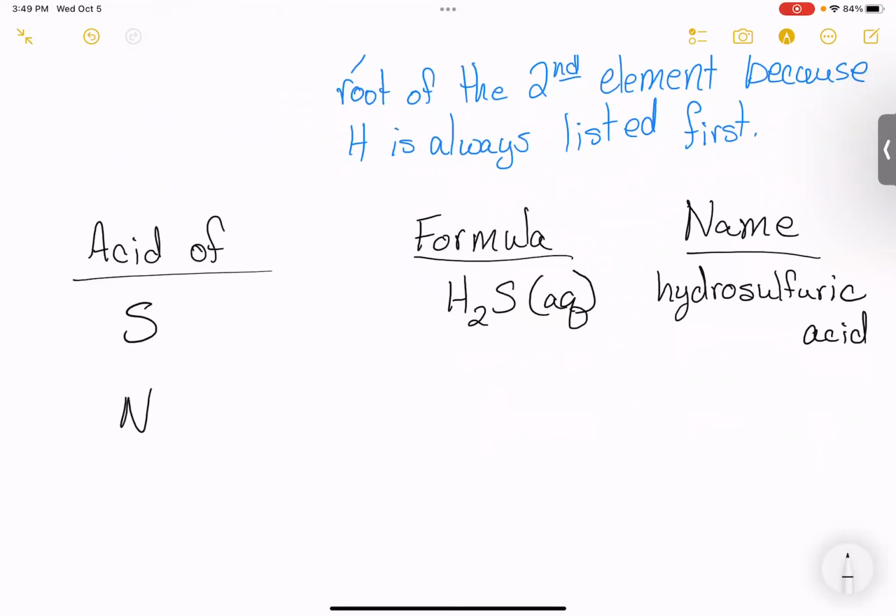Let's go with the nitrogen. What's nitrogen's charge? -3. So this would be 3 hydrogens. And we would follow it with AQ. And it would be hydronitric acid.